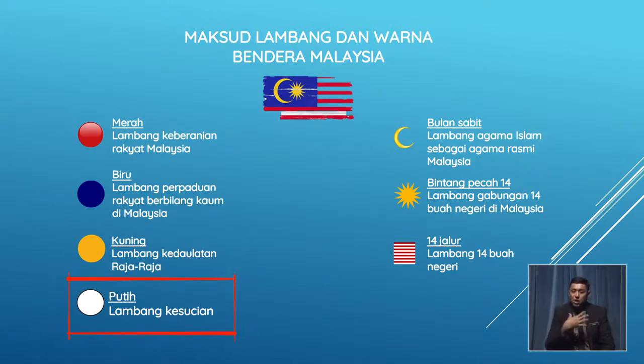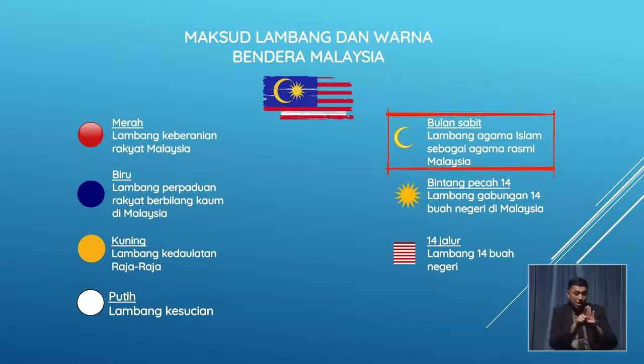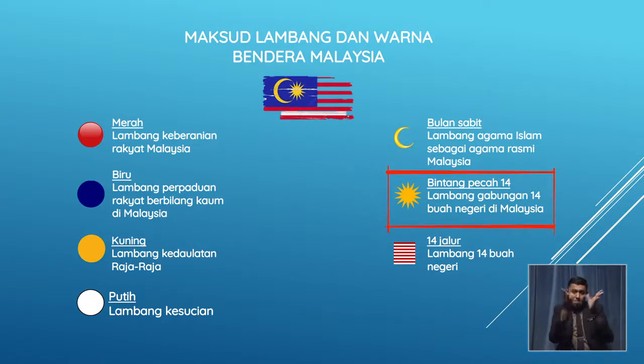Warna putih melambangkan kesucian. Bulan sabit melambangkan agama Islam sebagai agama rasmi Malaysia. Bintang pecah 14 pula lambang gabungan 14 buah negeri di Malaysia. Jalur 14 lambang 14 buah negeri di Malaysia.